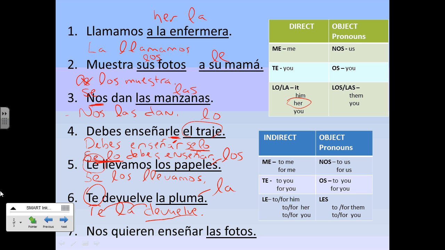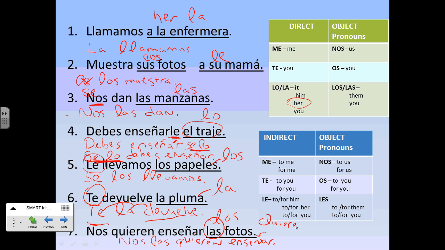Oh, we have one more. I'm sorry. This one has nos in it. Okay, and this is las. So it's nos las quieren enseñar. It's harder to write at the bottom. Sorry. You can also write it as quieren enseñárnoslas.